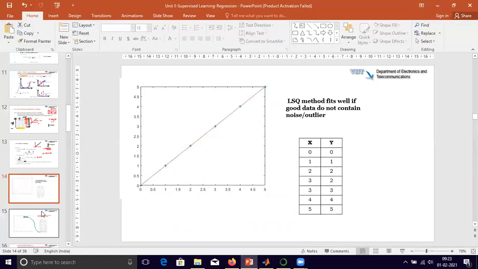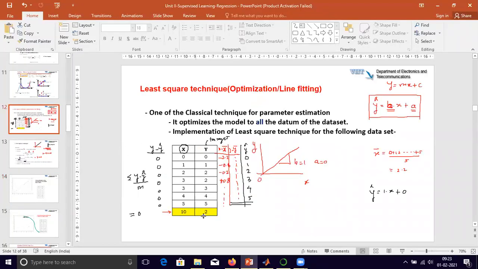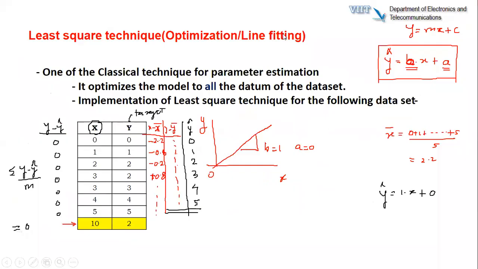So going back to the slides, suppose I have a noise in the data. What do you mean by noise? We have seen the definition of noise. Noise is any sample value which is wrongly recorded, isn't it?